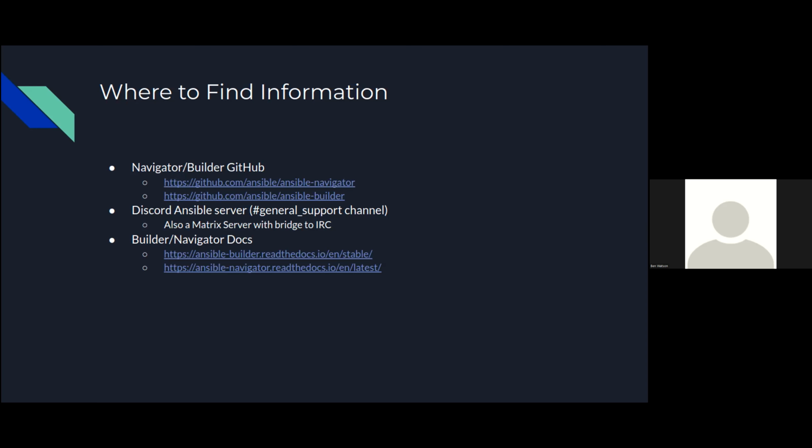I use the chat tool called Element as my Matrix client. It's awesome. It's a distributed Slack or whatever you want to call it, but you can have history and you can do actual code snippets. I'm an old IRC guy as well, but it is nice to be able to copy paste code snippets and things like that. And then there are docs on Builder and Navigator respectively on Read the Docs that will walk you through the config files and all that other stuff.